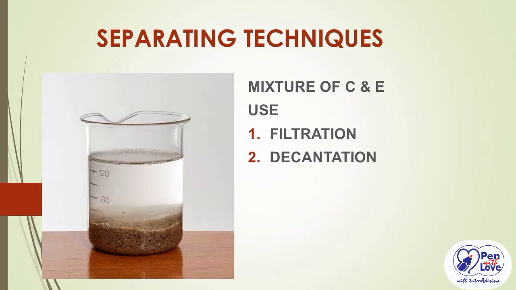The best thing you can use to separate it is filtration, using a funnel and filter paper. After that, you can also use decantation, in case they ask you for more than one method that you can use.